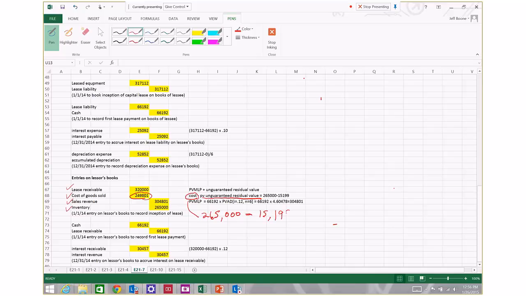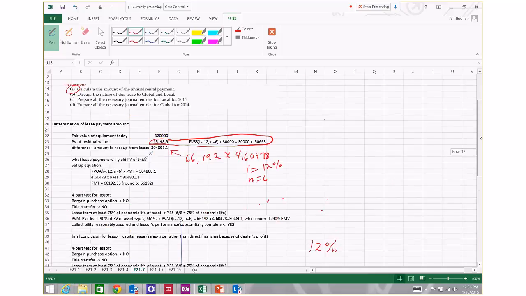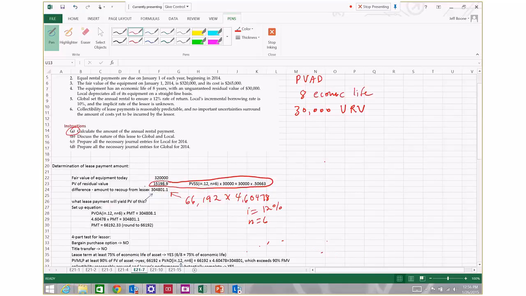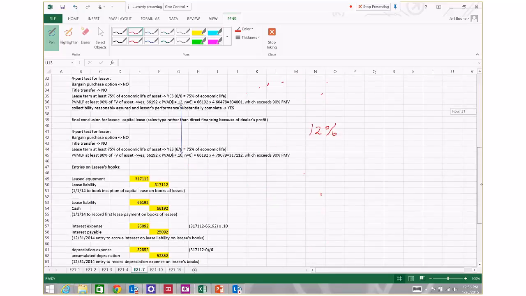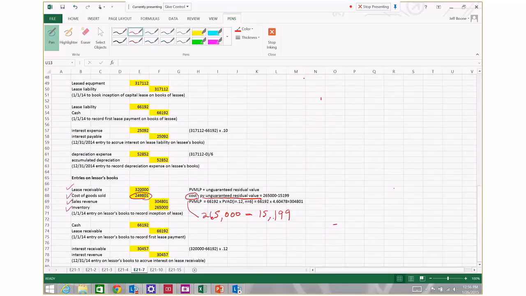I'm rounding here. That's the same amount that we calculated right up here. I rounded it from $15,198.90 to $15,199 down here. So the cost of the asset minus the present value of any unguaranteed residual value is going as a debit to cost of goods sold.